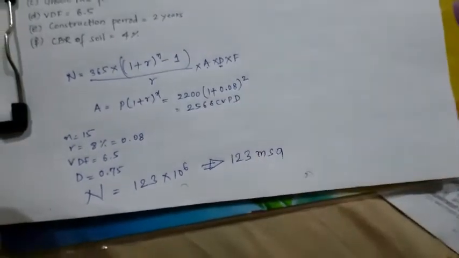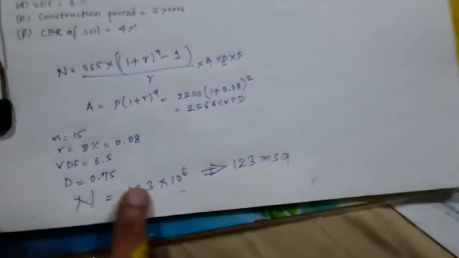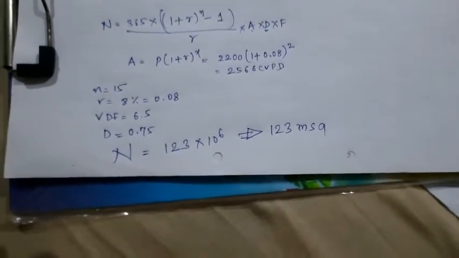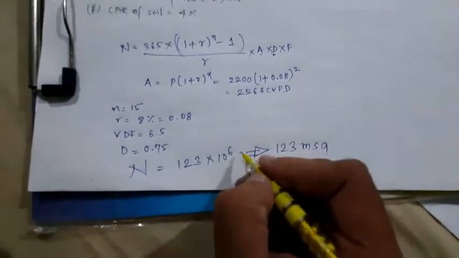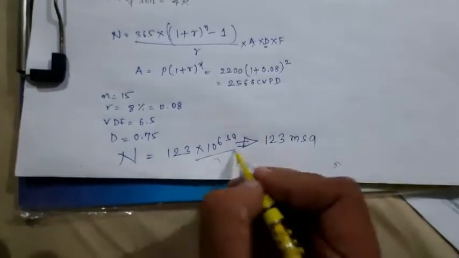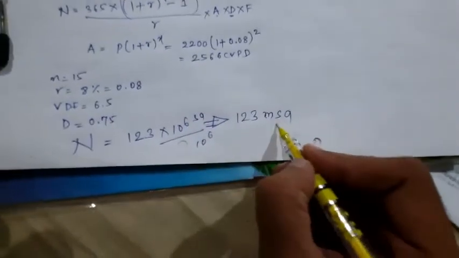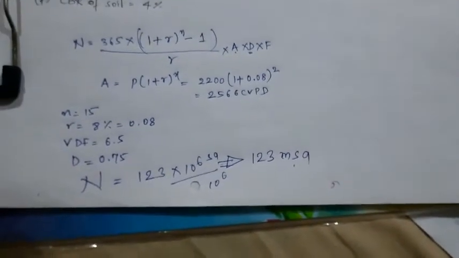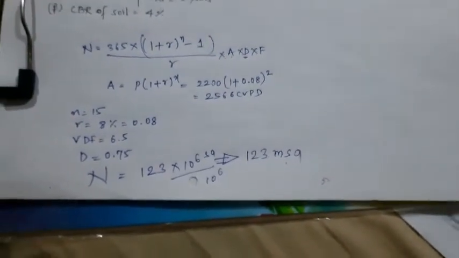Million is nothing but 10 raised to 6, right? Whatever answer you get, if you divide by 10 raised to 6, that is going to be million standard axles, because all my charts work on million standard axles only. So now let us get into the chart.